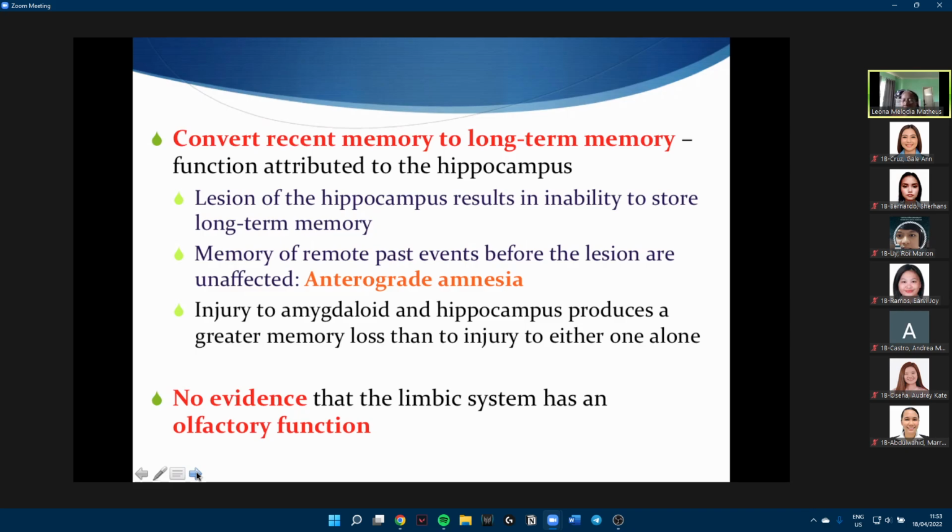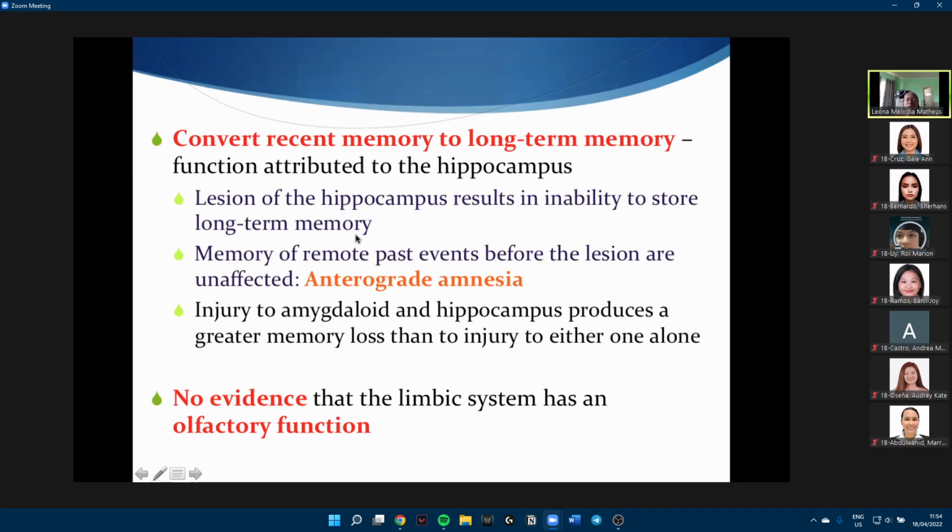Also, apparently, the limbic converts, as I said kanina, di ba? Recent memory to long-term memory. Okay. So the function is attributed mainly to your hippocampus. No? So the lesion of the hippocampus results in the inability to store long-term memory.